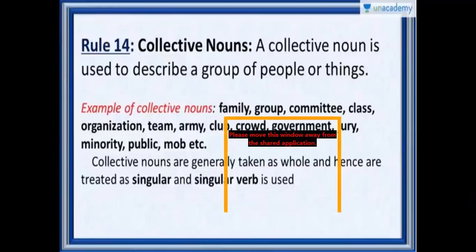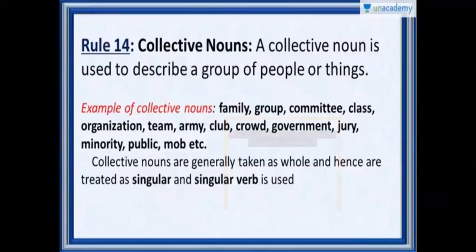Likewise, a collective noun always takes a singular verb. Write down: collective noun, hyphen, singular verb.